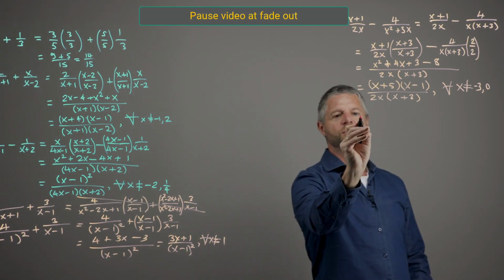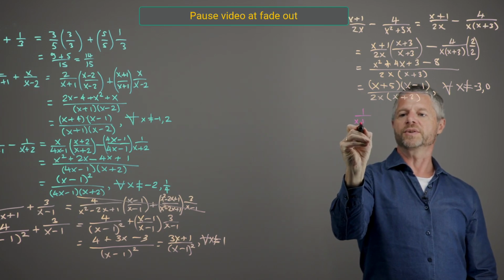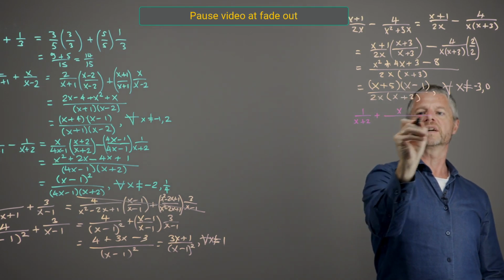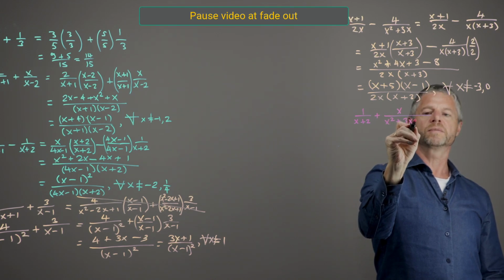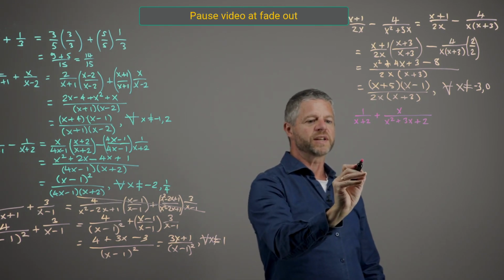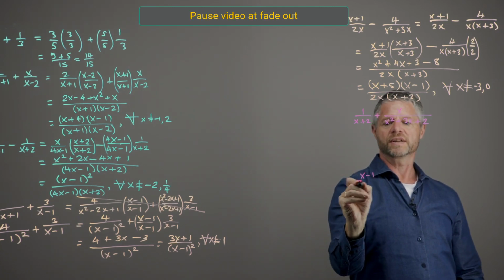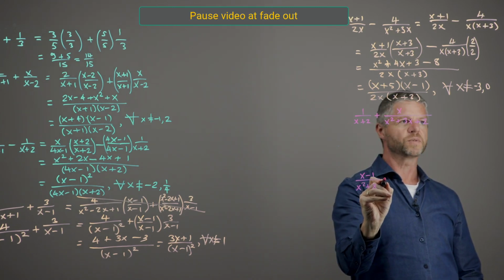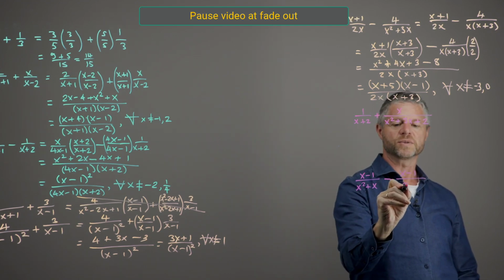So the first problem that I want you to work on is 1 over x plus 2 plus x over x squared plus 3x plus 2. And then the second one I want you to work on is x minus 1 over x squared plus x. And we'll do a subtraction this time. We'll do x minus 1 over 2x squared.